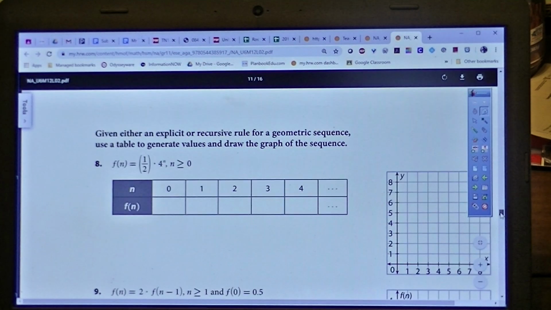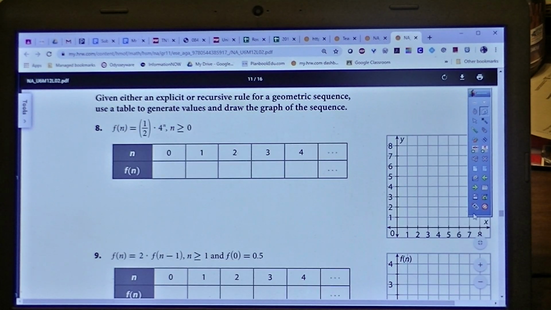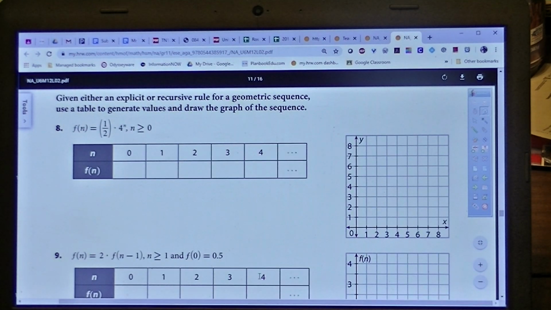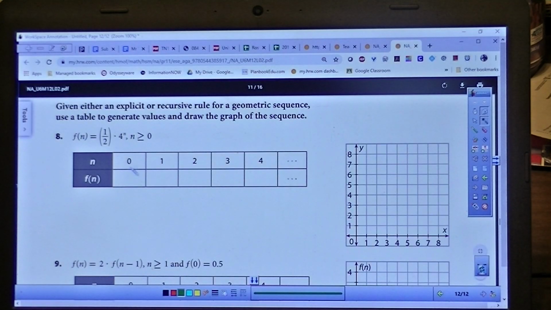What's next on the docket? Well, reversing this out a little bit, aren't we? So what happens when I plug in a 0 here? 4 to the 0 is 1. And so 1 times 1/2 is 1/2. Now plug in a 1. 4 to the 1st, what's half of 4? 2.